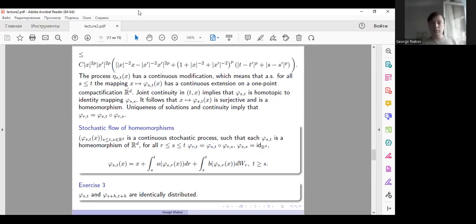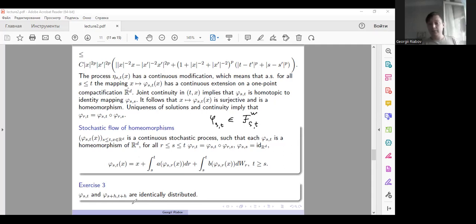Moreover, by construction, phi st is measurable with respect to the sigma field generated by increments of Brownian motion from s to t. Hence, on disjoint intervals of time, mappings phi act independently. And as another exercise, I propose to show that the distribution of these mappings is invariant with respect to the shift in time.